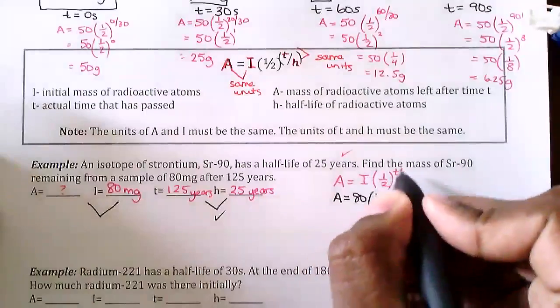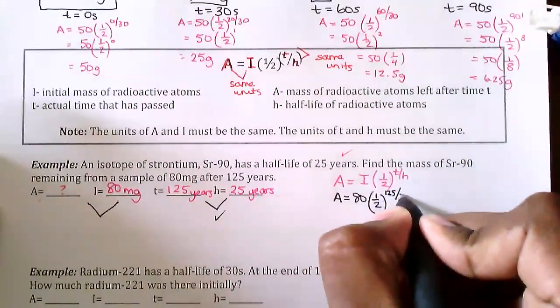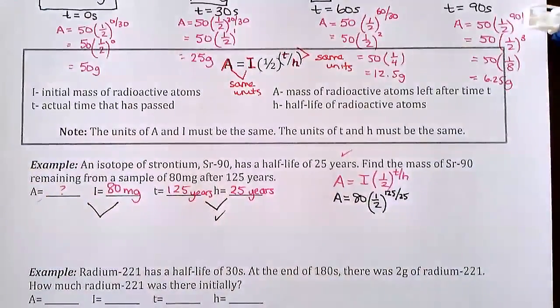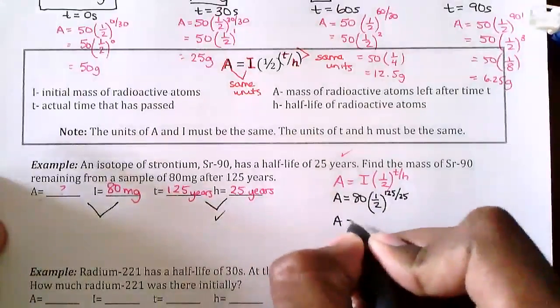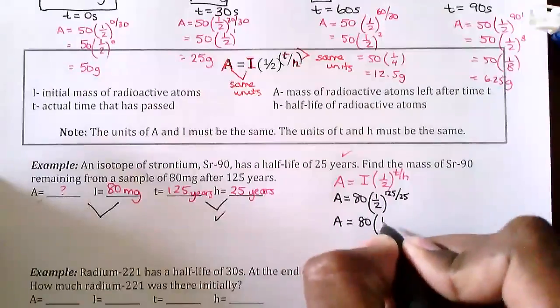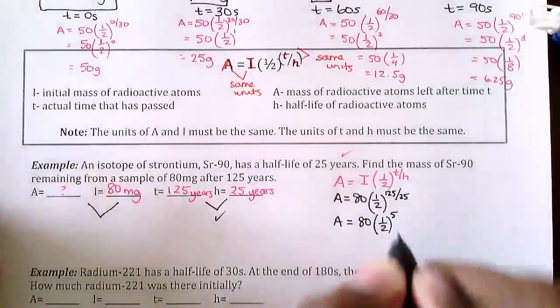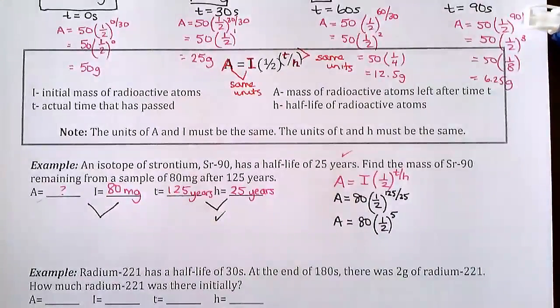I'm going to copy the half, and then t over h is just 125 over 25. Okay? So now that I have this, I'm going to simplify it. When you simplify it, always simplify the exponent first. So I have 80 times half to the power of 125 divided by 25, which is 5.